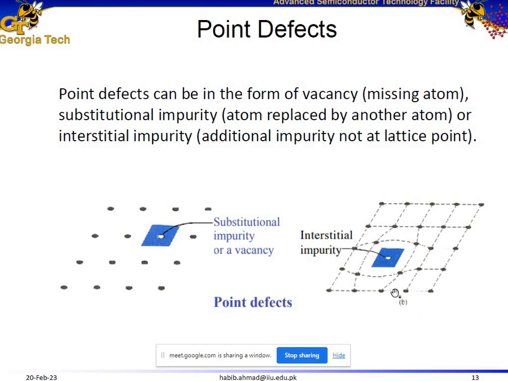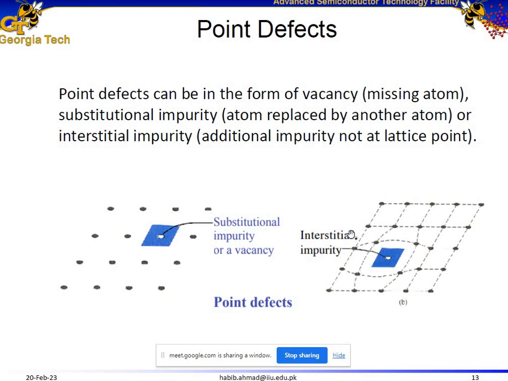Another kind of impurity is called interstitial, in which you still have this periodic arrangement of atoms, but there is another atom which sits right in the middle of these ordered periodic arrangement of atoms. So an additional atom in the middle of the periodic arrangement of this crystal lattice is called interstitial impurity.